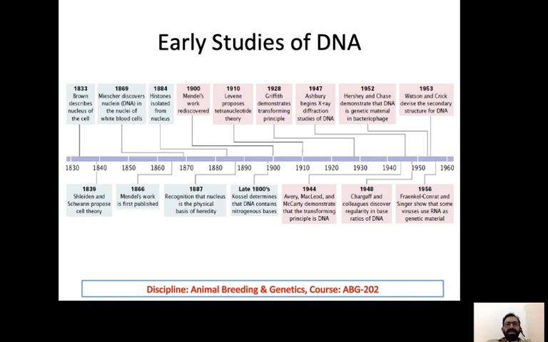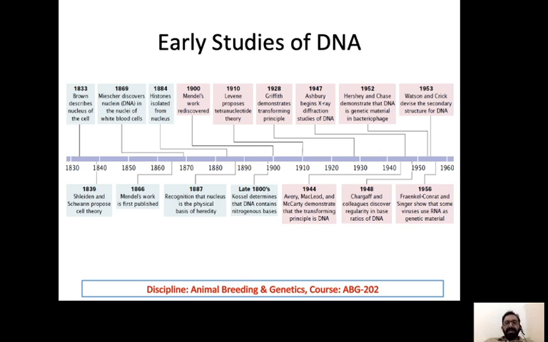Here is the history of the study of the DNA as a genetic material, and it's way back the discovery of the nucleus in 1833 by Brown, and then the most recent one, the Watson and Crick model of the structure of the DNA.